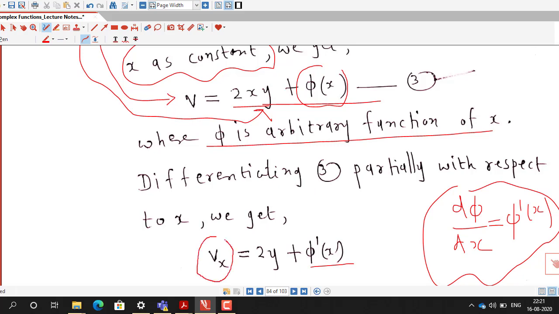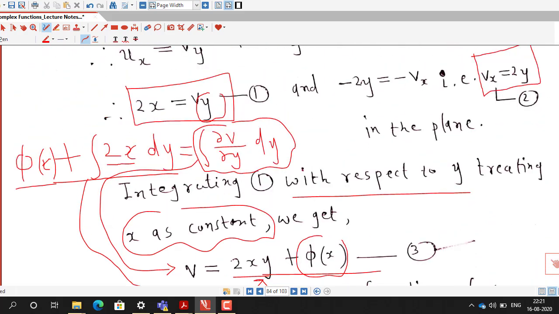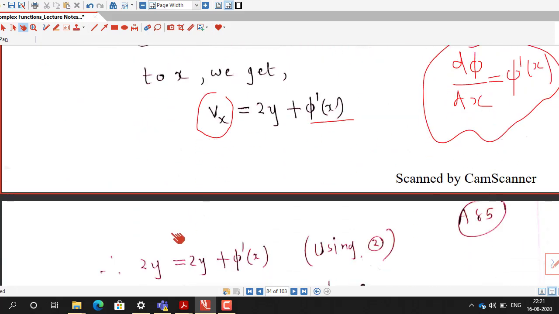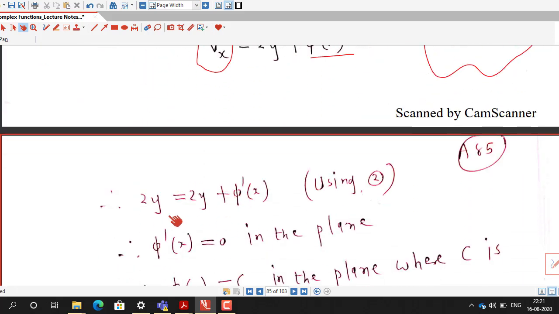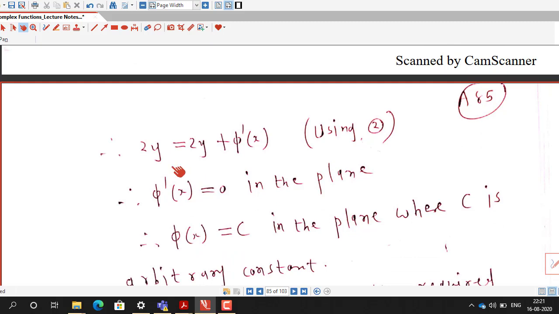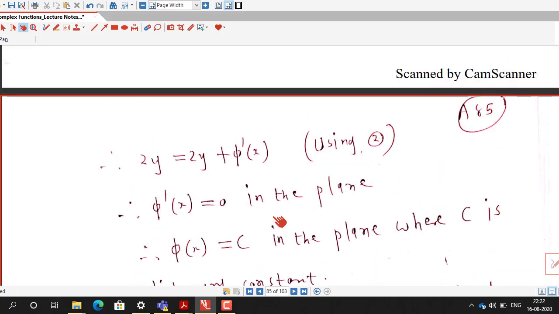Now we have this value del v by del x, so that we can put from equation 2. From equation 2, del v by del x is 2y, so that we put here. So we obtain 2y equal to 2y plus phi dash x. So if we take 2y on this side, we obtain phi dash x equal to 0 at every point in the plane. So therefore, because phi dash x is 0 and phi is function of x only, if we integrate both sides with respect to x, we obtain phi of x equal to c, where c is arbitrary constant.